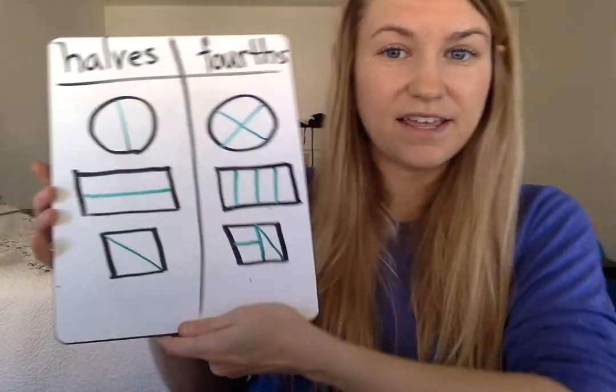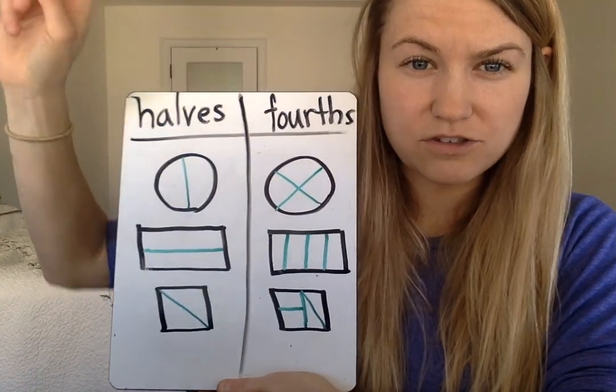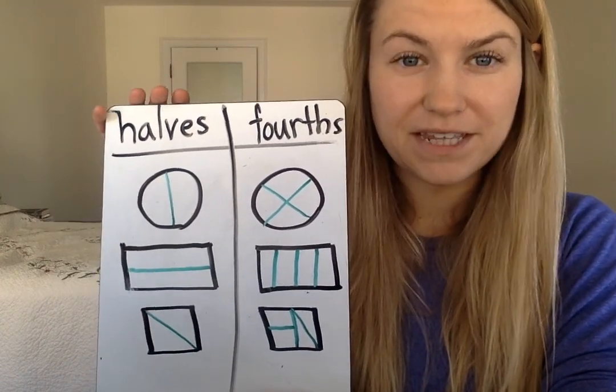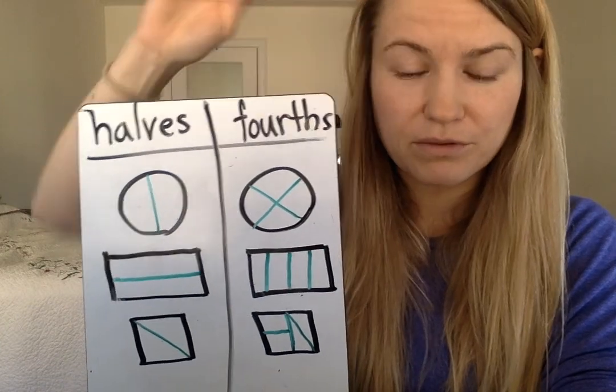All right, now that we have gone through halves and fourths, again, halves, 2 equal parts, 2 equal shares, equal meaning the same amount, fourths, 4 equal parts.